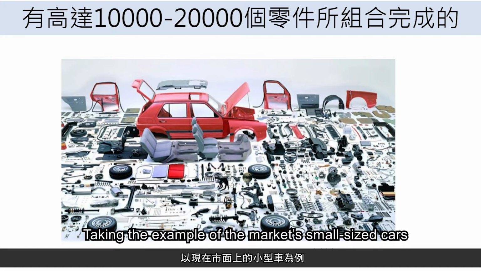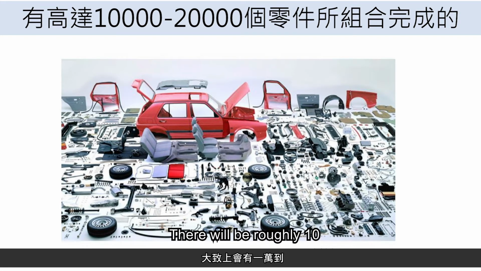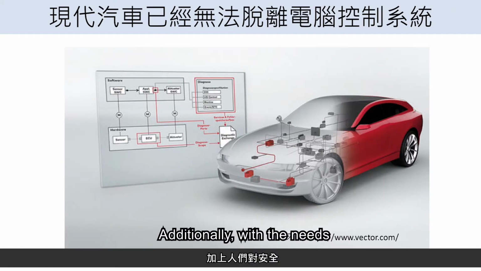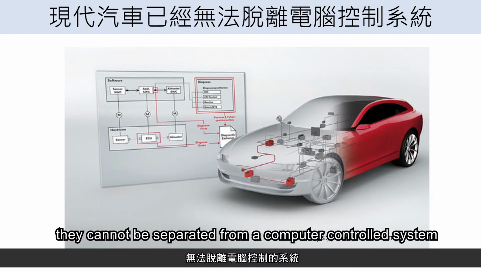Taking the example of the market's small-sized cars, if we disassemble all its components, there will be roughly 10 to 20,000 parts. Additionally, with the needs for safety and comfort, modern cars are basically so complex that they cannot be separated from a computer-controlled system.